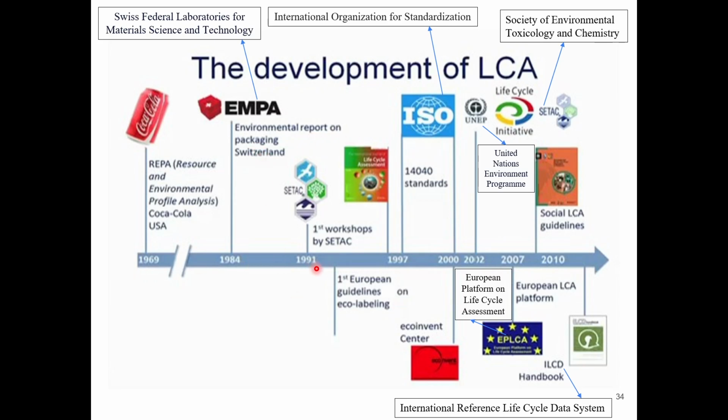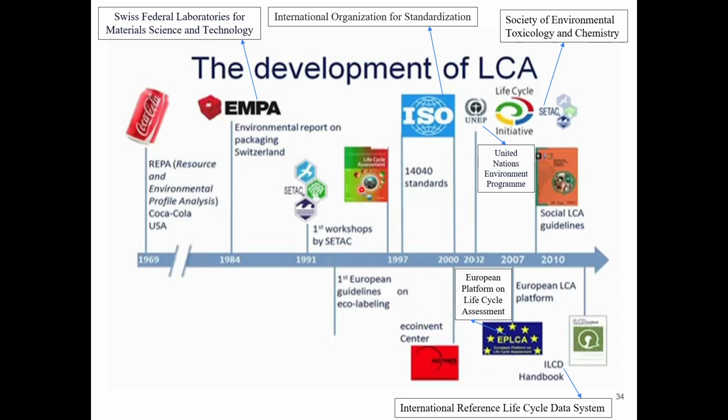Then in 1991, SETAC, the Society for Environmental Toxicology and Chemistry, conducted the first workshops related to life cycle assessment. A few years after 1991, the first European guidelines on eco labeling were published.